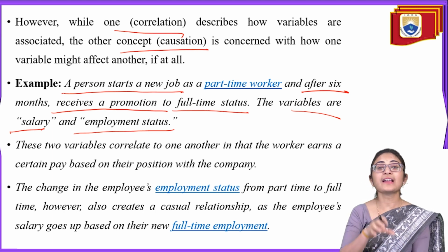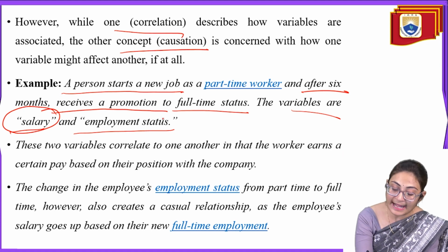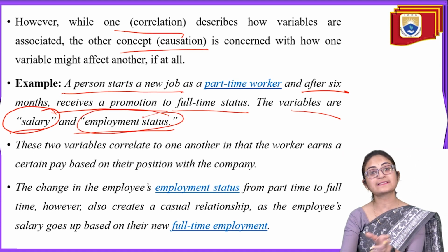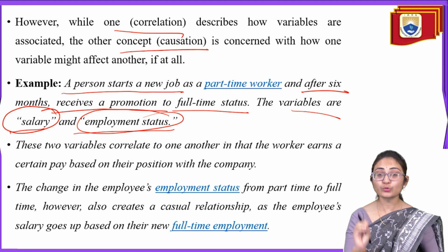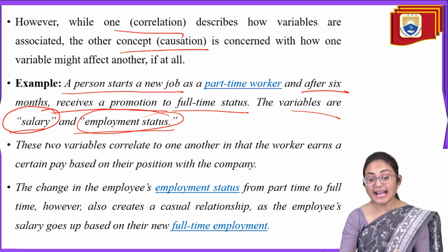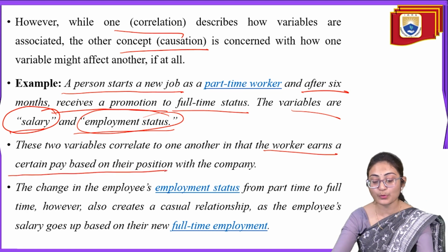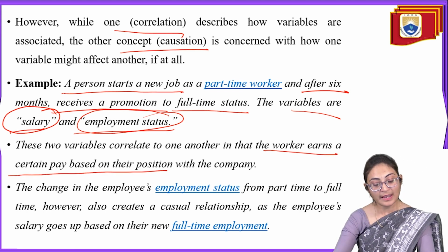Now we have two variables: one is the salary, and the other variable is the employment status. These two variables correlate to one another in that the worker earns a certain pay based on their position with the company.